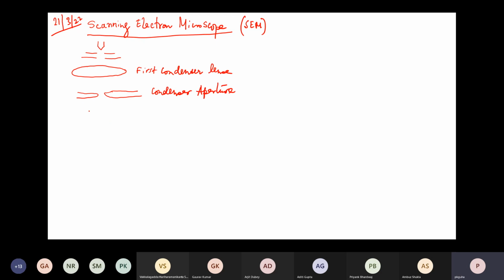Then there is a second condenser lens. As I said, there is a series of lenses. Then there is another aperture, which is known as the objective aperture.